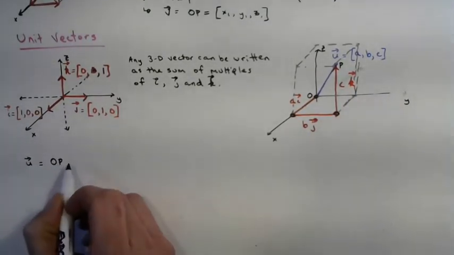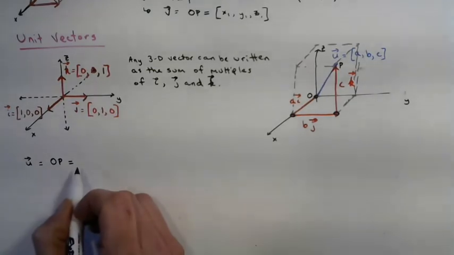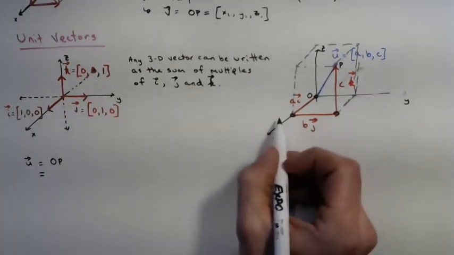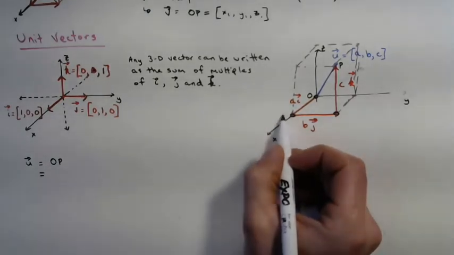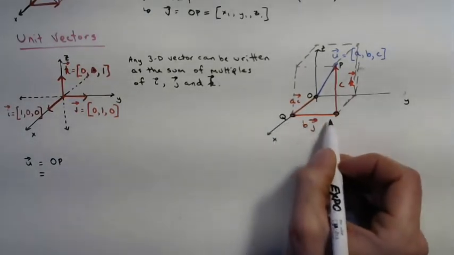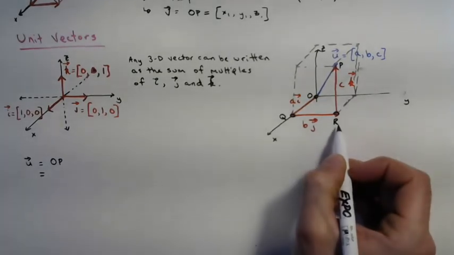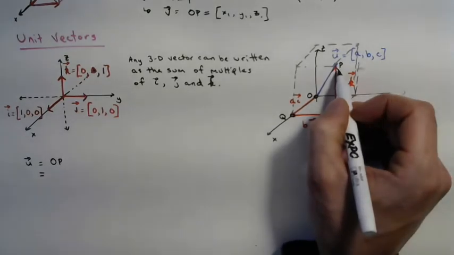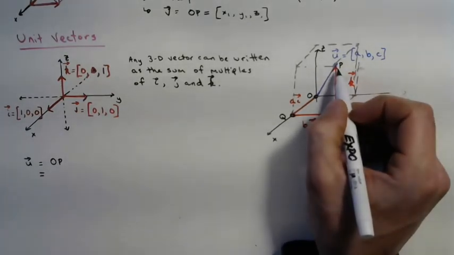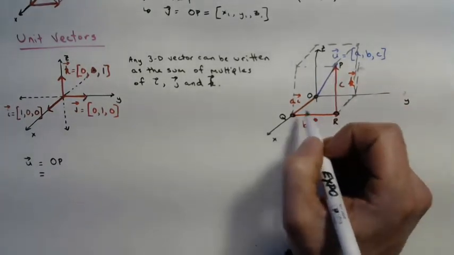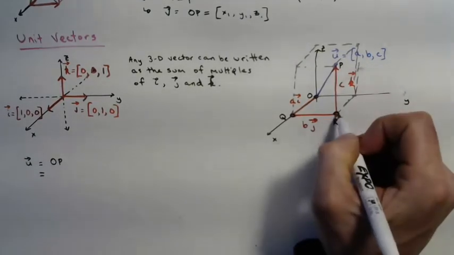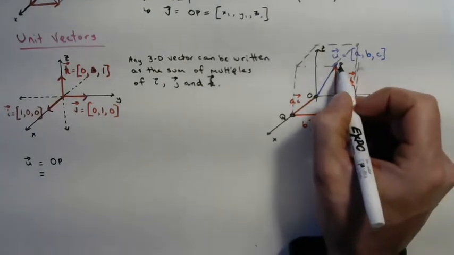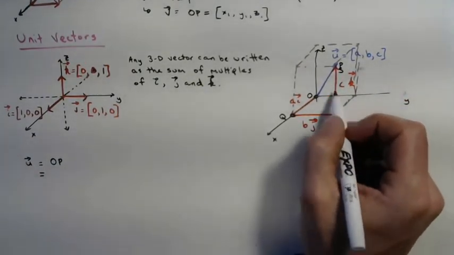So it's the vector OP, and it's built by simply adding OQ to QR to RS, or in this case, I wrote P. But in our other diagram, if we're following it around this way, we'll just say the head of the red arrow here is called S, and it happens to be at the same point as point P, because that's where RS ends.